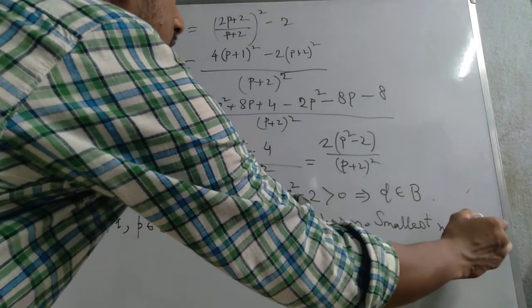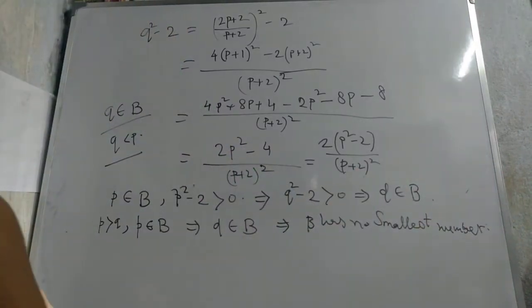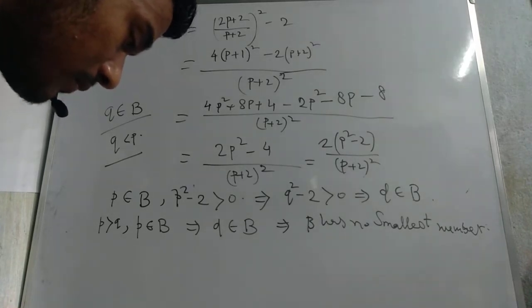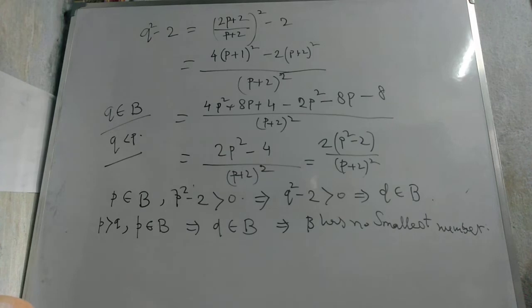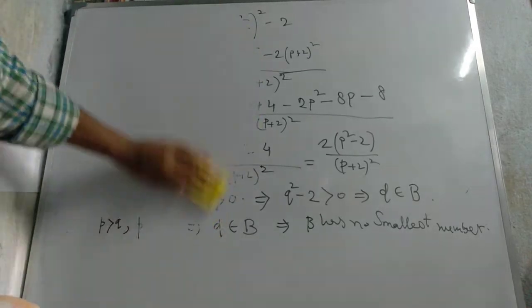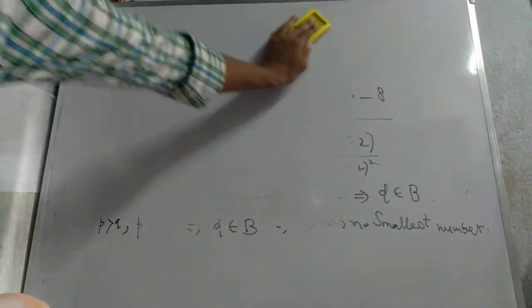Okay, any problem? I think all understand these portions. So B has no smallest number and A contains no largest number. We proved this, and it is important for further progress of analysis. This is an important example: one set is bounded but does not contain its supremum or largest element, and another is also bounded but does not contain its smallest element.